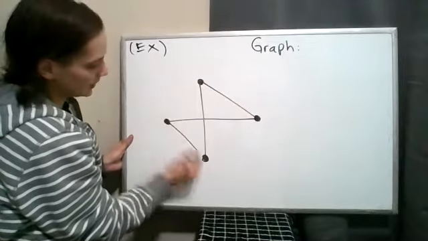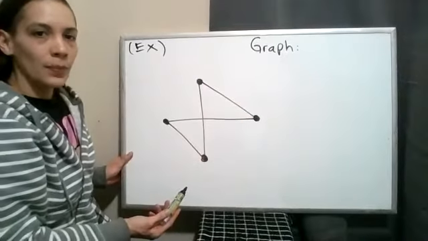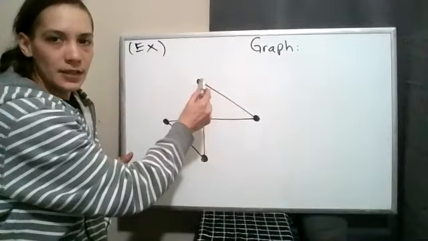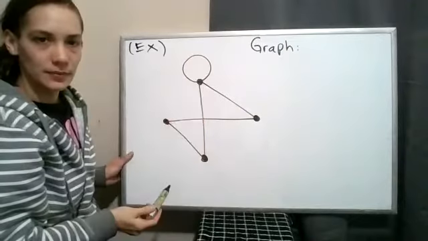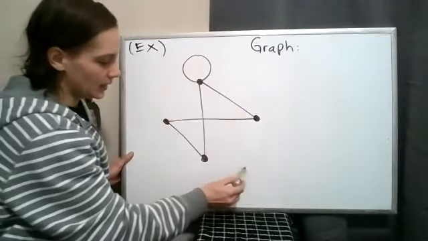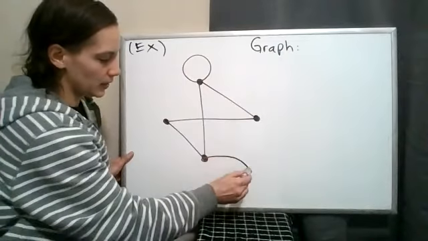And that side connects off of this. Let's do a loop. And then there's a point to the side where we could have some multiple edges.